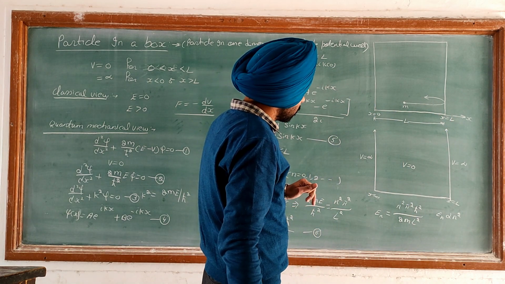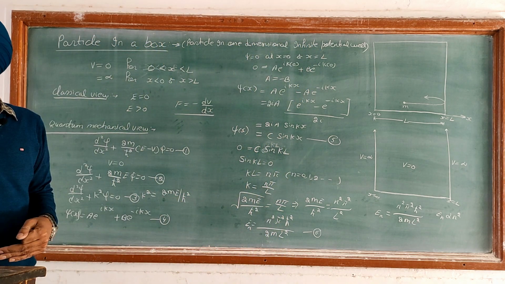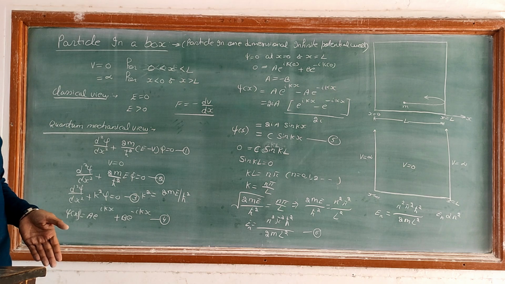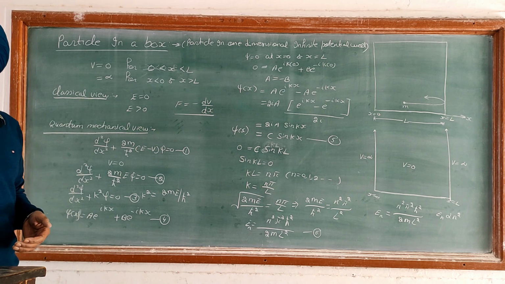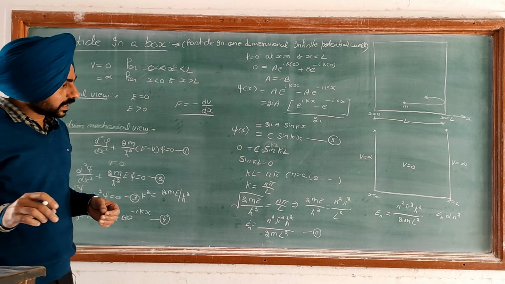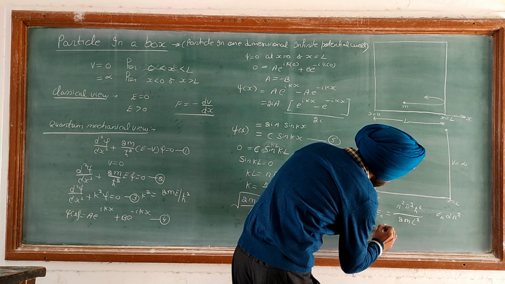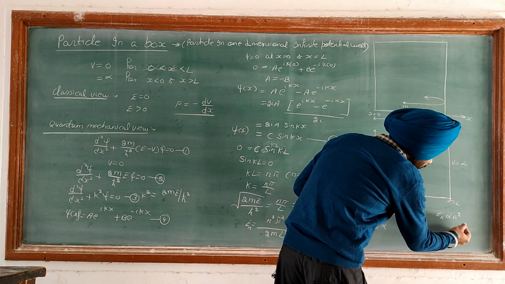So E is not equal to 0, because if E is equal to 0, then quantum mechanically it is not possible, as the particle is not at rest. Now we consider n equal to 1, 2, 3 and so on. So for n equal to 1, E1 is directly proportional to 1 square, that is 1.